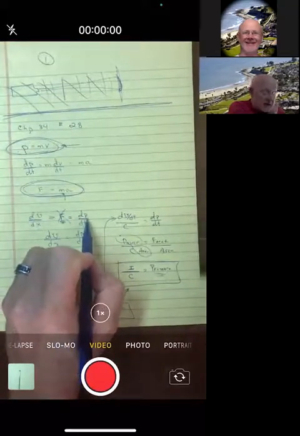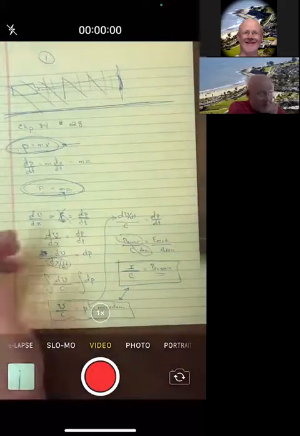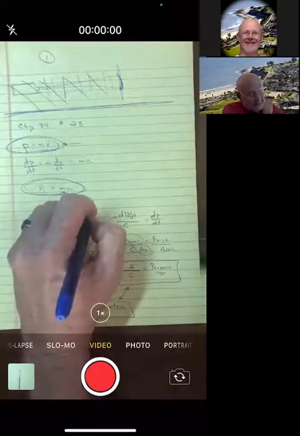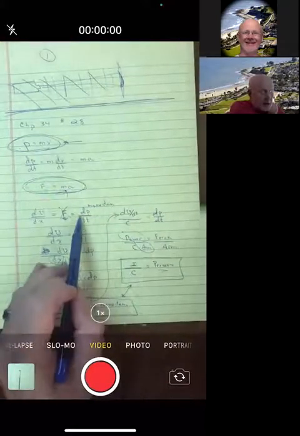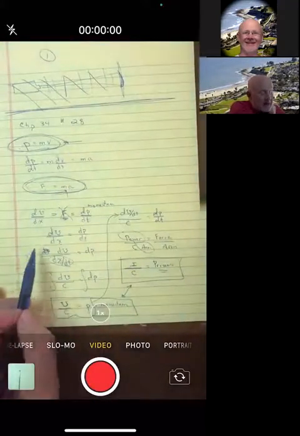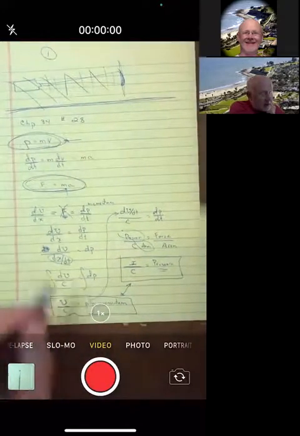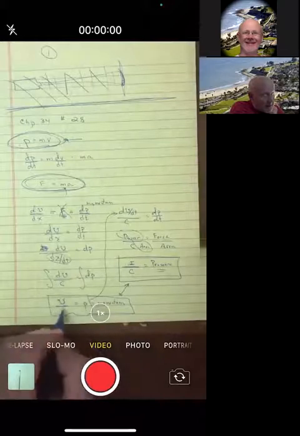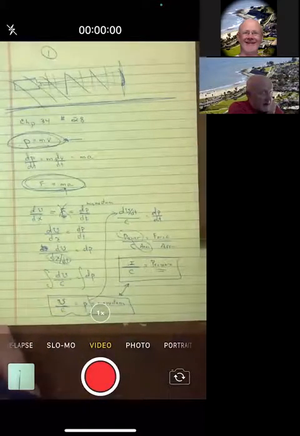That can be misleading because there's a P for pressure, a P for momentum, and a P for power, but this is supposed to be momentum. If we set them equal and do a little calculus, we come up and say the momentum is energy divided by C.